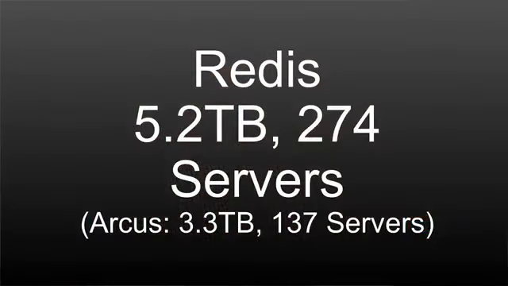So how much do we use Redis in Kakao Story? Kakao Story uses 274 physical servers, and its total memory is 5.2 terabytes. Is it small or big? Big, yes. I think it's kind of small.